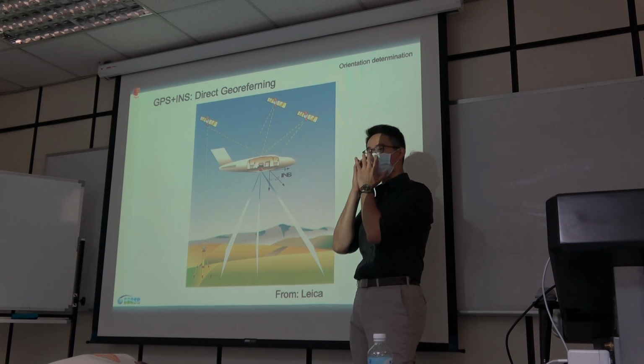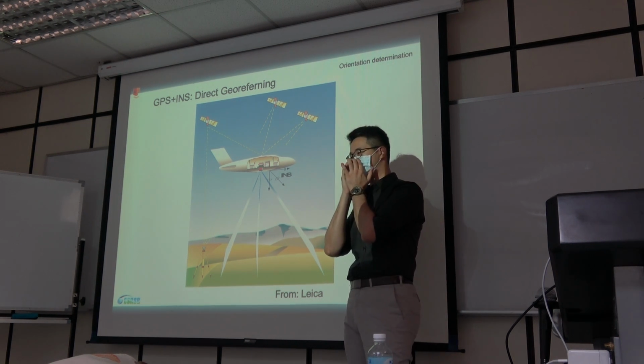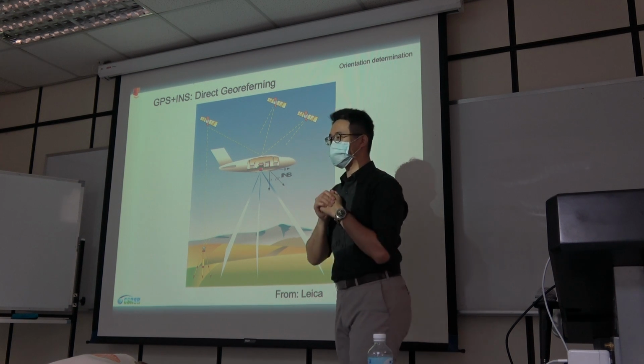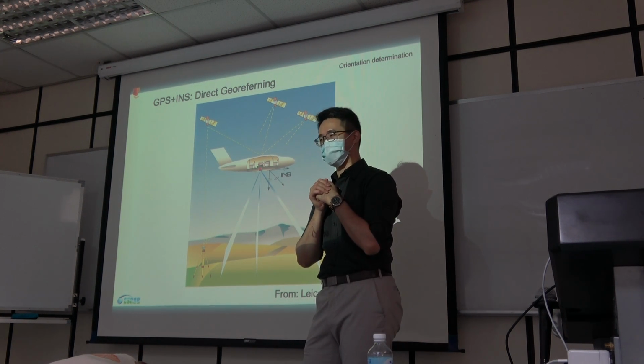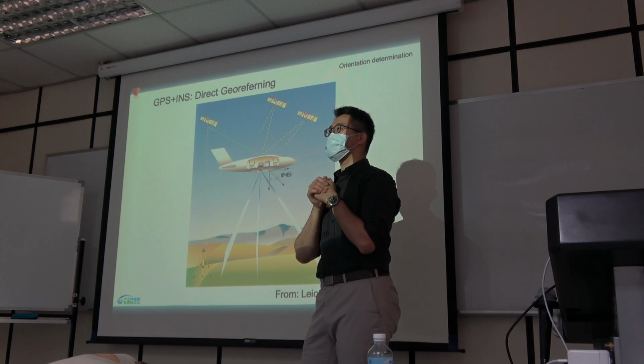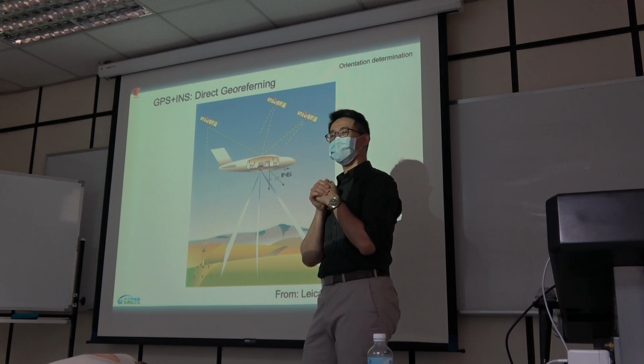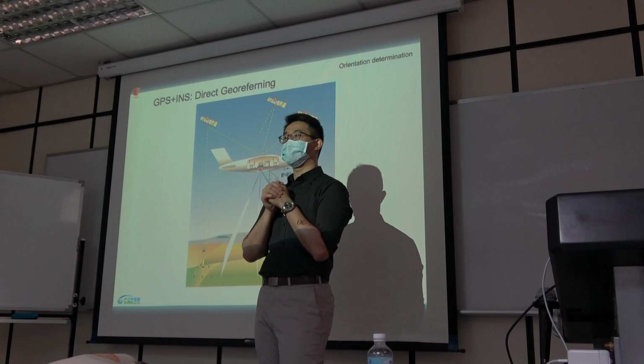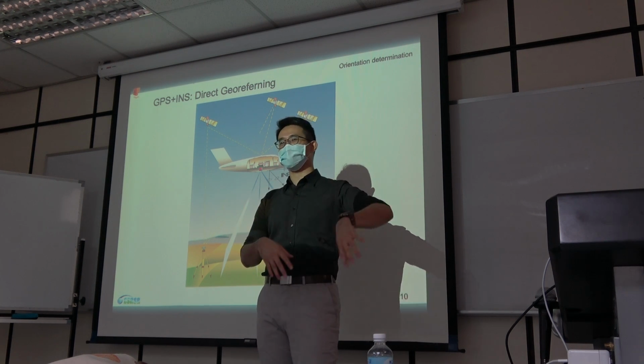If you are talking about the optical satellites, for example the WorldView series satellites, their direct georeferencing error is less than 10 meters. So it's pretty good. Let me give you another example, which is Formosat-2. Formosat-5 is another story.